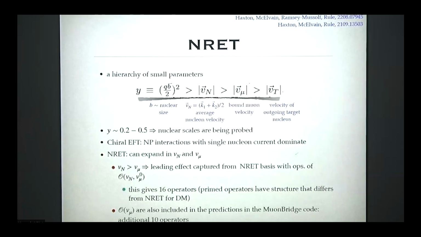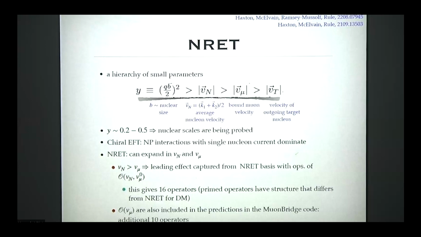All right. Now we need to match to this non-relativistic theory with nucleons. Here there's a non-relativistic expansion that happens. I already mentioned this a little bit. There are basically 3 scales there. One is the fact that the muonic atom is much bigger than the size of the nucleus.